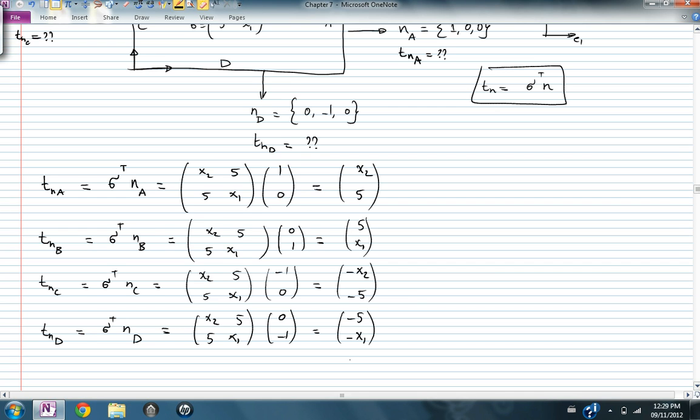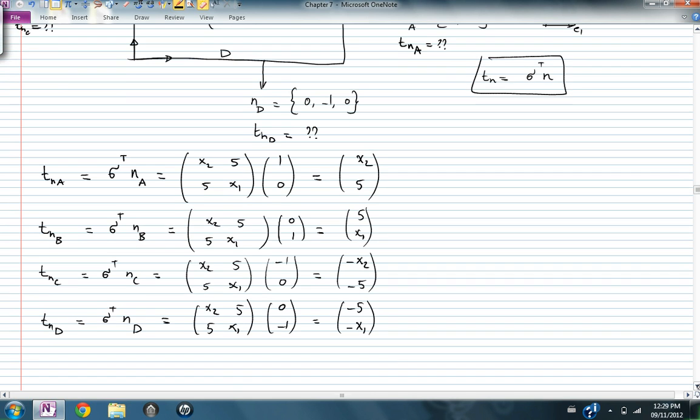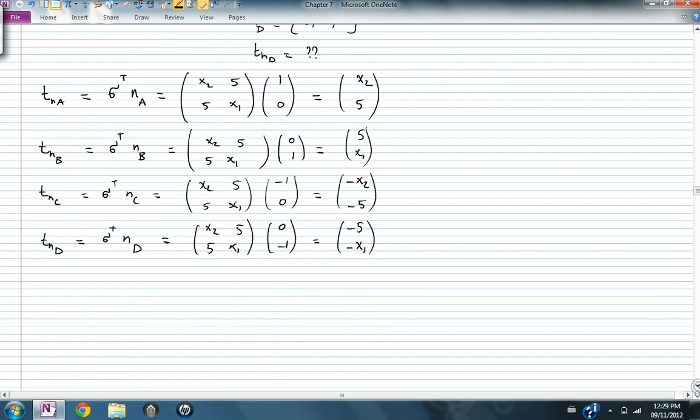So what do all these numbers mean? I'm going to draw the stresses acting on the boundaries. Remember, this is E1, this is E2, this is the dimension x1, and this is x2.